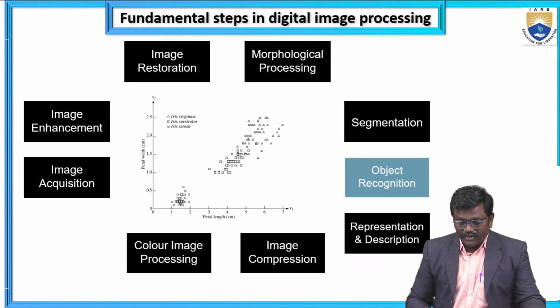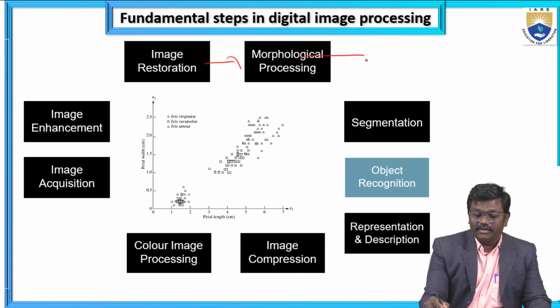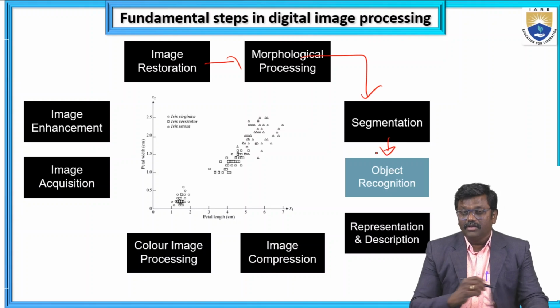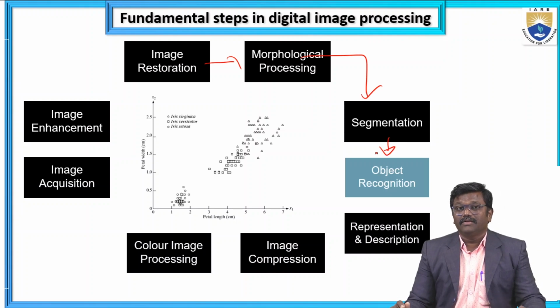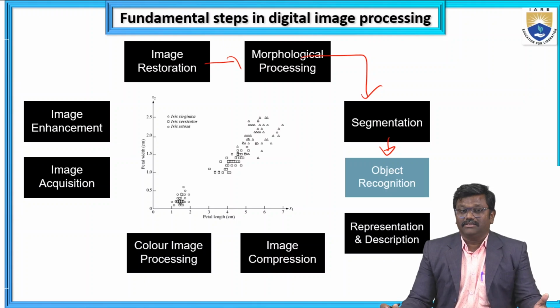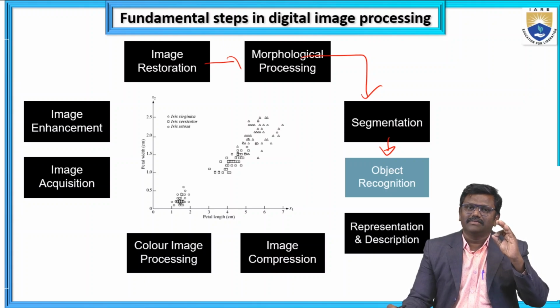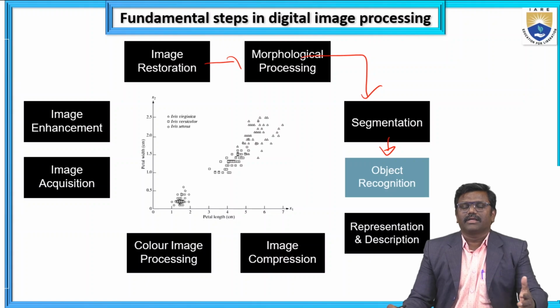When we want to keep on connecting one step to another, the best thought here is that you want to concentrate on object recognition. So your image processing is also concentrating on its best application, object recognition.